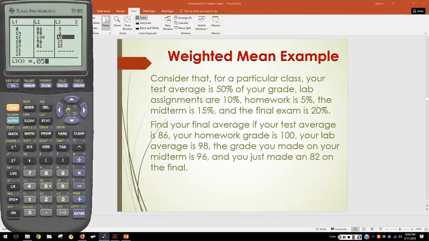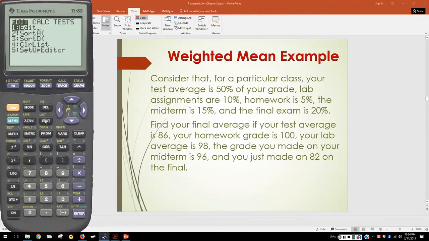Don't forget that 0 in front of that 5%, because 50% and 5% are not the same thing. And the midterm is 0.15. And the final exam is 20% or 0.20, which it truncates to 0.2. And as long as I include both lists, my calculator will calculate the weighted average.